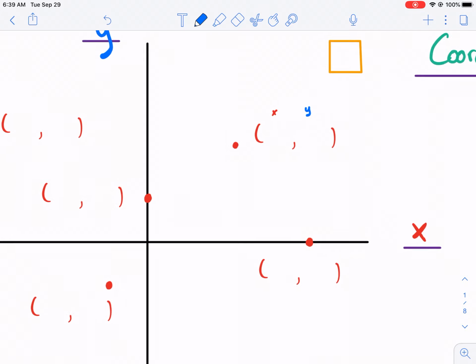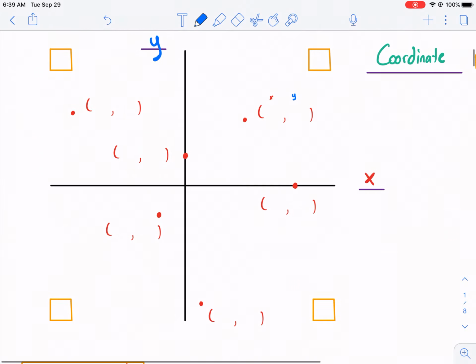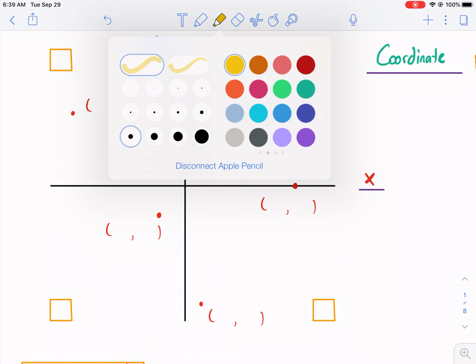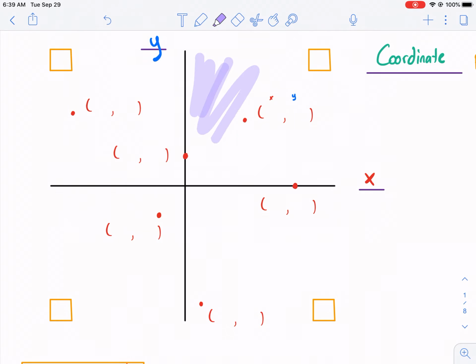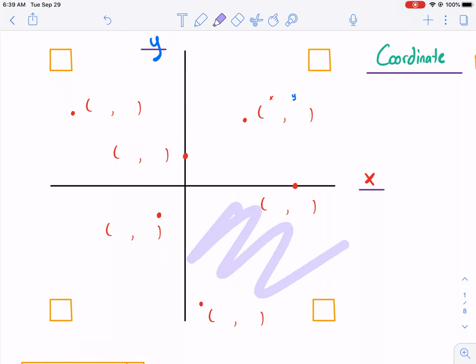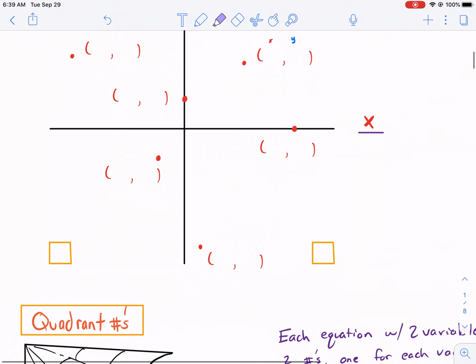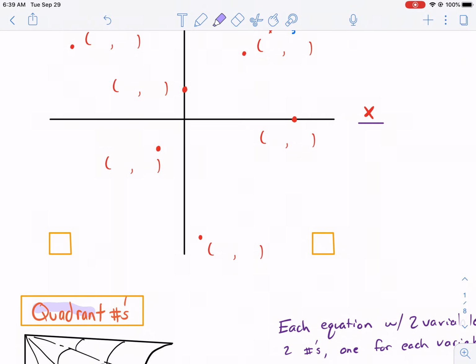Now, when we're talking about the different locations here, you can see that there's a natural split between different zones. There's this top right box, this one on the left over here, and one on the bottom left. These are called quadrants. As you can probably guess, quad stands for four, and there are four sections, so they're quadrants.